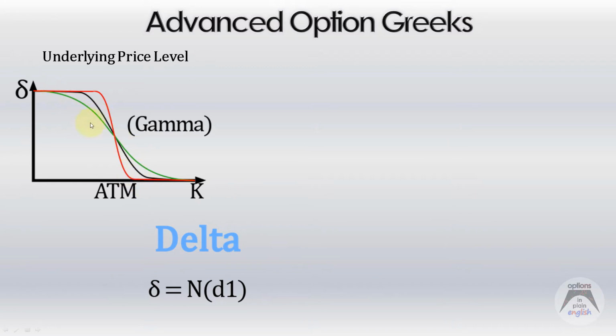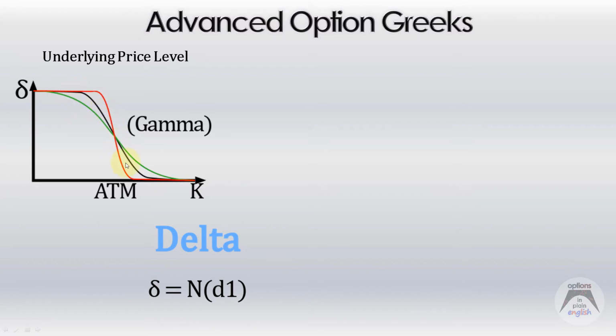Because of this, those deltas are going to be spread out very wide. If the price is at a level that's less than the one that's very high, it's going to be something similar to the black line, which is not as spread out as the other ones.